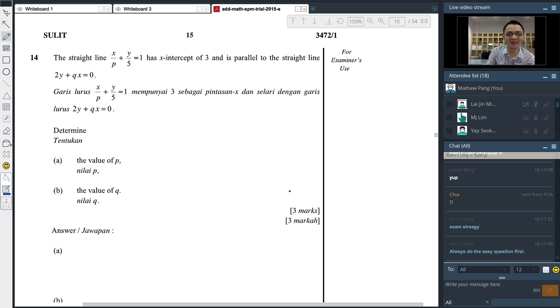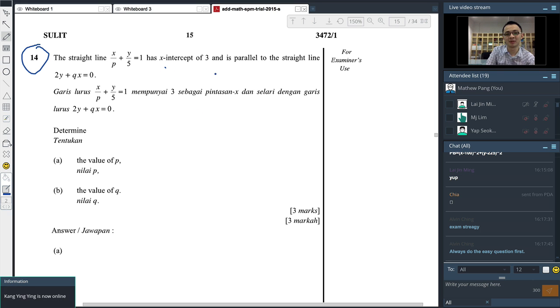Always do the easy question first. This is correct. Right, for 14, this is a straight line with an x-intercept of 3, and parallel to this equation. So when you see something like x over a plus y over b equals to 1, this is the intercept formula.